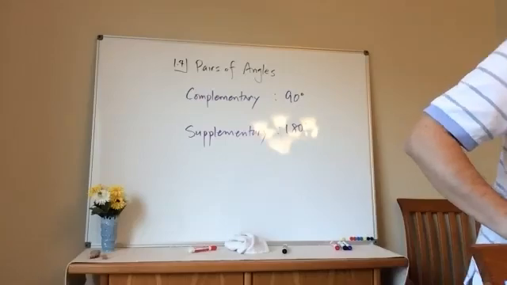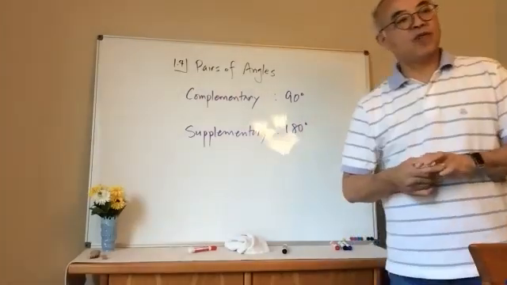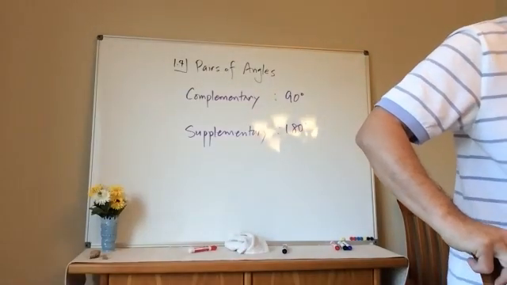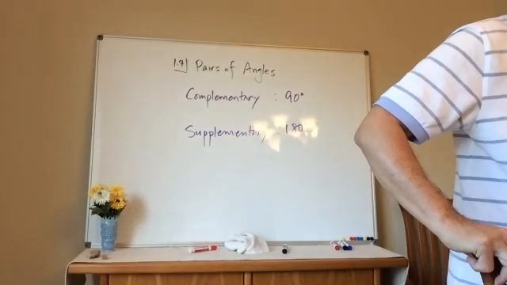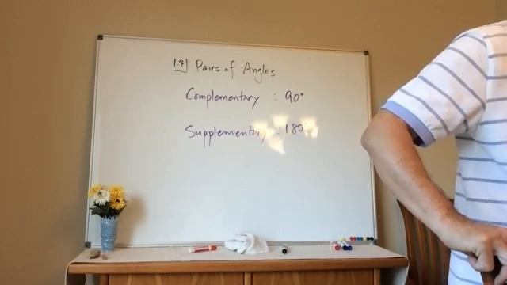Bellin, if I had an angle that was 45 degrees, what would the complementary angle be? What was the number again? One was 45. What would the other one be?